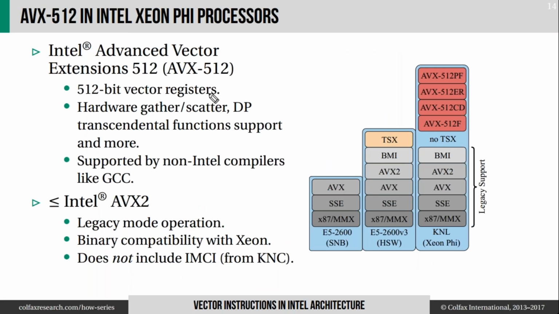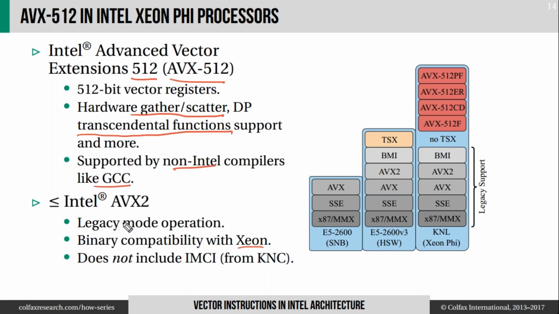AVX 512 operates on 512-bit registers, and it has support for standard math. Also, it has modules with support for some transcendental functions, for complex memory accesses. And this instruction set is now supported by non-Intel compilers such as GCC. Older AVX2 instructions are supported by Xeons. They also have a wide range of operations that you can perform.